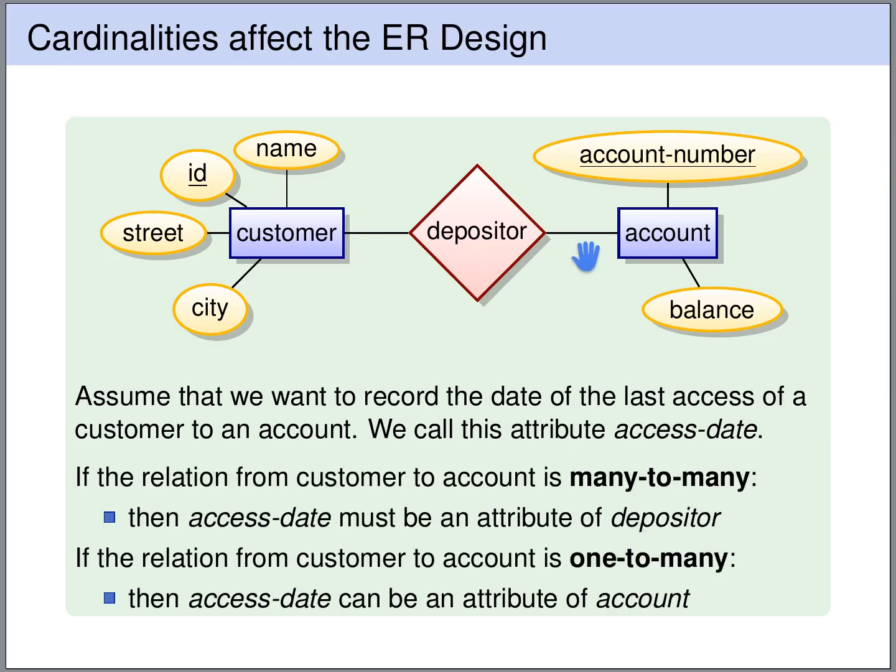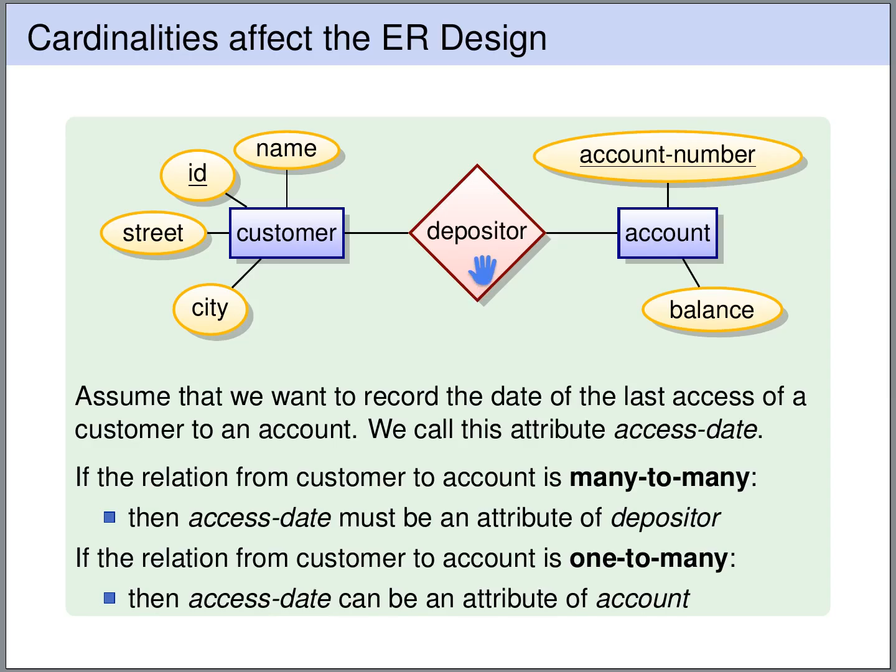If this is a many-to-many relation, so if every customer can have an unbounded number of accounts, and every account can have more than one customer associated to it, then the access date must be attached to the depositor relationship set. So it must be an attribute of the relationship set.